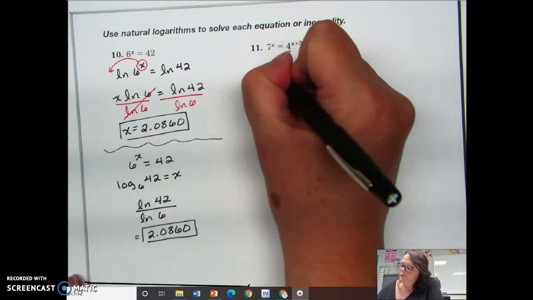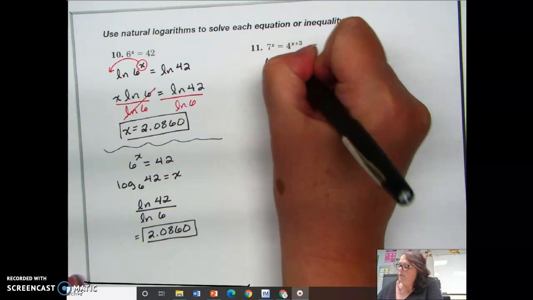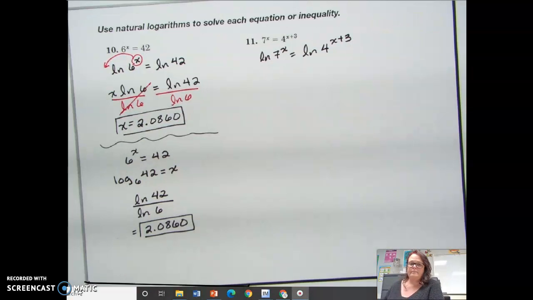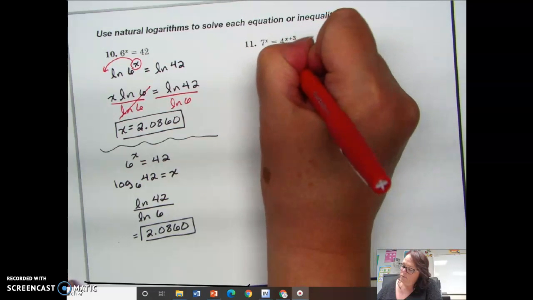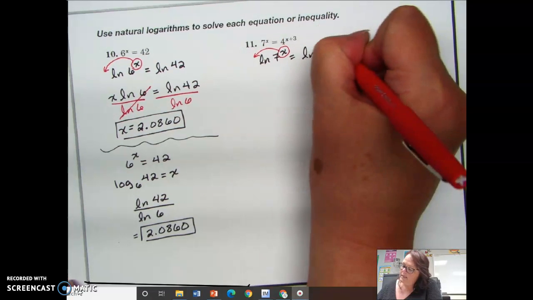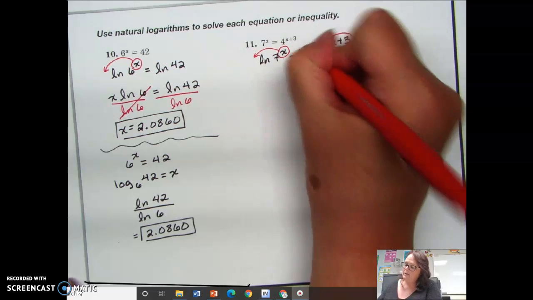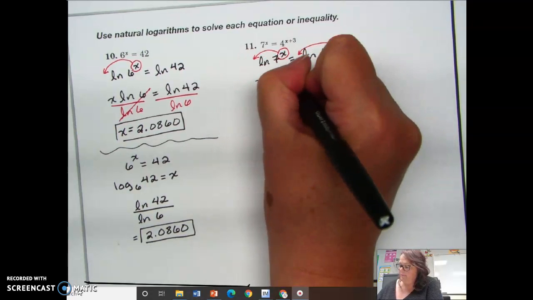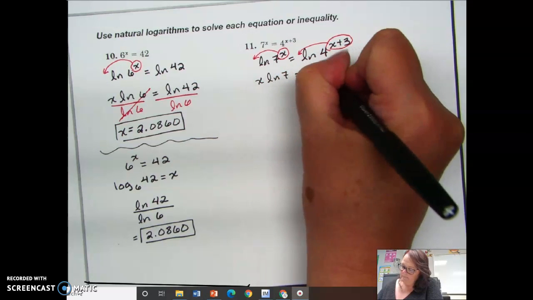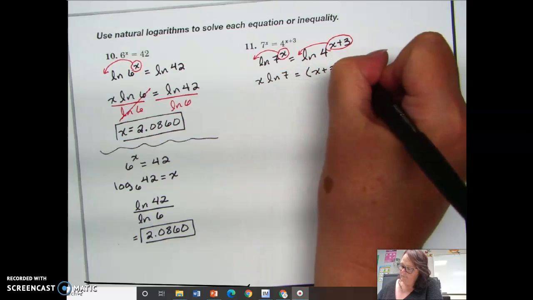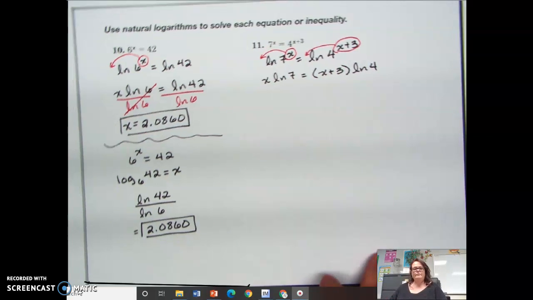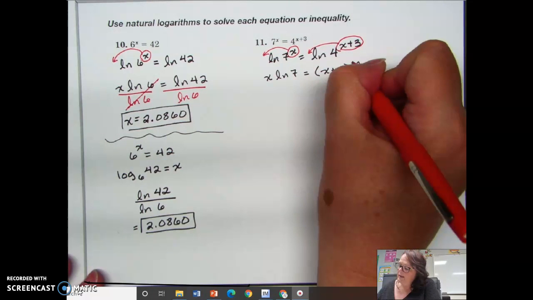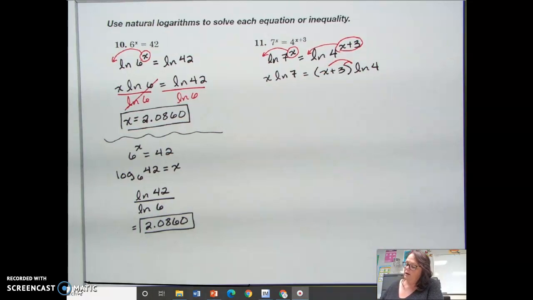So hopefully you see the first step is take the natural log of both sides. And then we're going to use the power rule to bring those numbers down. So while I'm writing this, I want to ask you, what would be our next step? So what would we do after this step? So hopefully you got that we need to distribute that natural log.